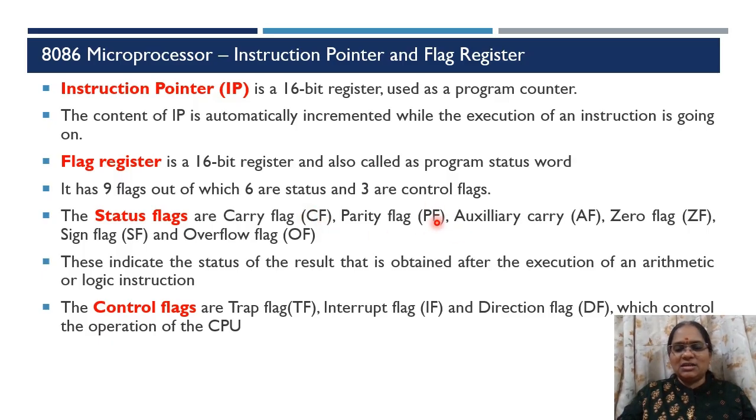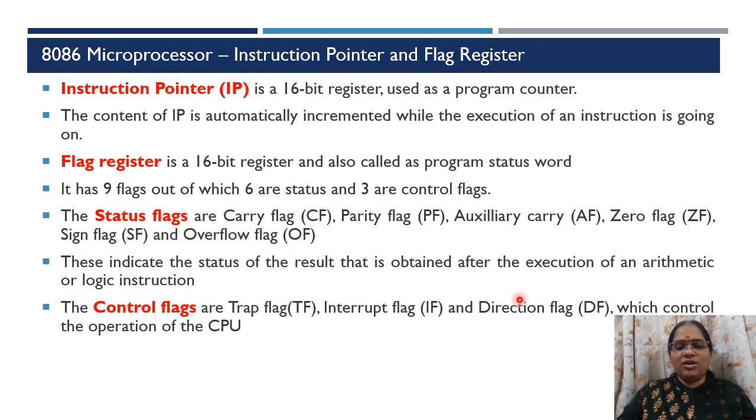And if a parity is observed, the parity flag will be used. If you have a carry from one nibble, that is a part of a byte, to the next nibble, the auxiliary carry will be indicated. If the result of any operation is all zeros, the zero flag will be set. The sign flag is for signed operation. If the result exceeds the limit, overflow is set. So the entire status will be indicated by these 6 flags.